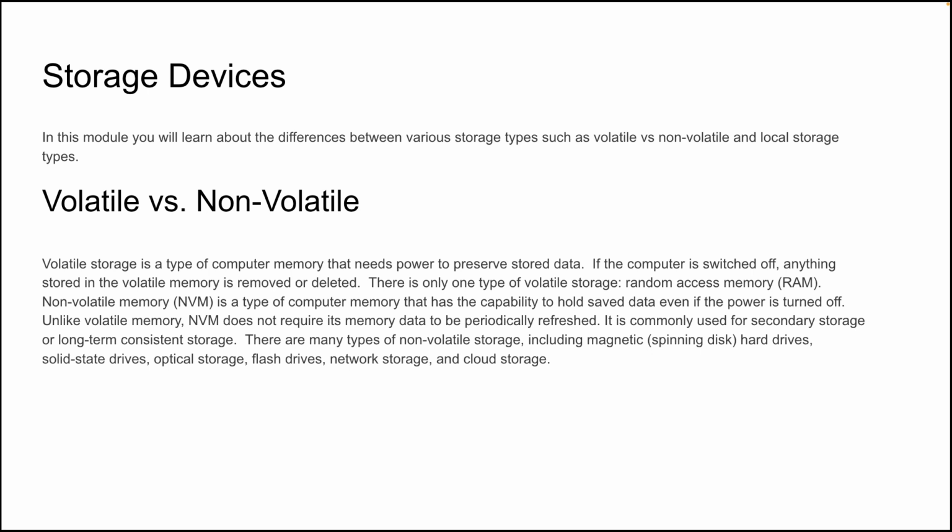So that's the main difference between volatile and non-volatile. It is the availability of the data when the device is with or without power. So without power, if your data is lost, random access memory, that is volatile. If the data is still available after you turn it off, then that is an example of non-volatile memory.